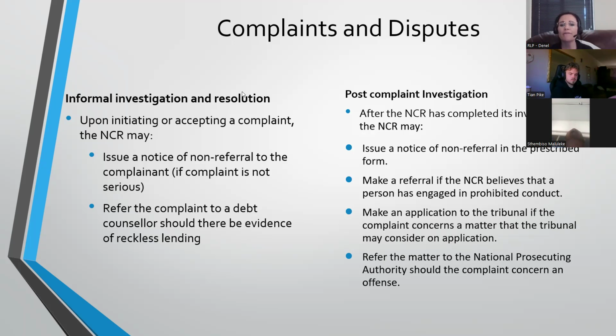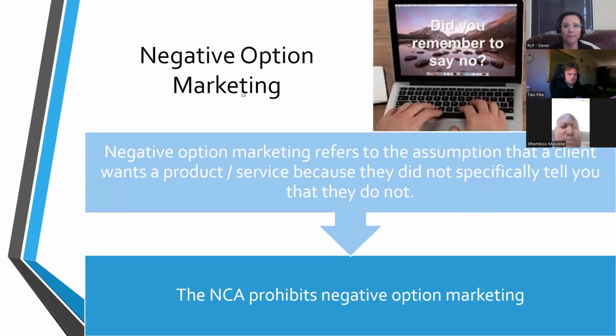Or they can make a referral if they believe that the person has engaged in prohibited conduct. They can make an application to the tribunal if the complaint concerns a matter that the tribunal will consider upon application. And then lastly, they can even refer the matter to the National Prosecuting Authority if the complaint concerns an actual offense. Okay. And these are the last two slides, guys.